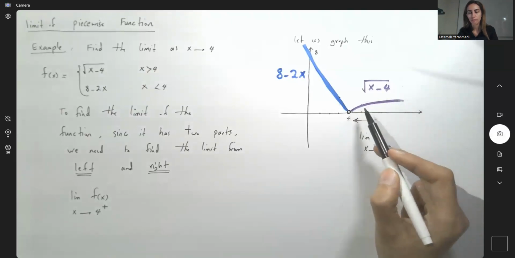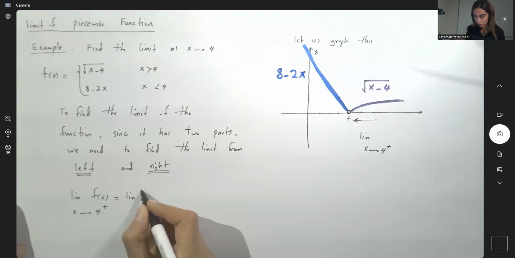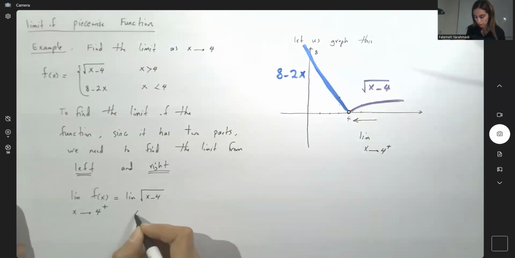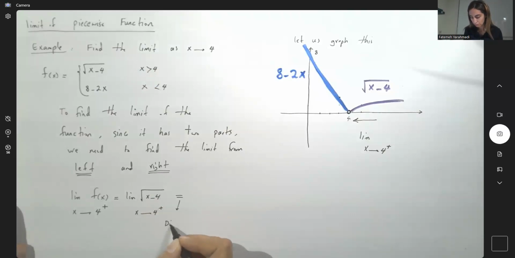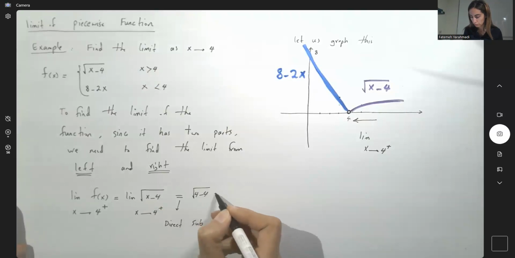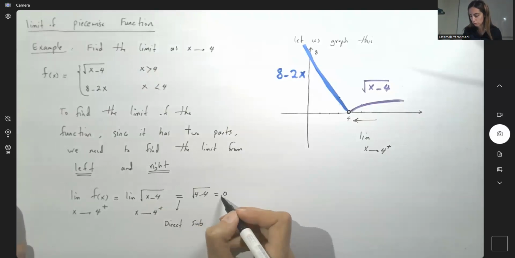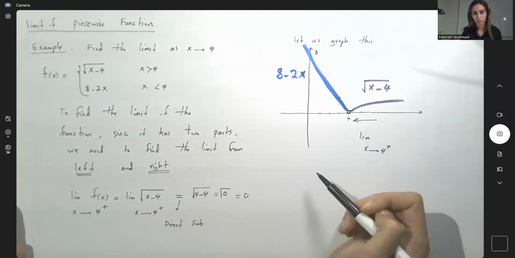So you're going to plug in 4 here. This is the limit of square root of x minus 4 as x approaches 4 from the right hand side. Well, this is part of the domain of the function, right? So you can easily use direct substitution. By direct sub, you have square root of 4 minus 4, which is equal to square root of 0, or 0. So from the right hand side, the limit is 0.